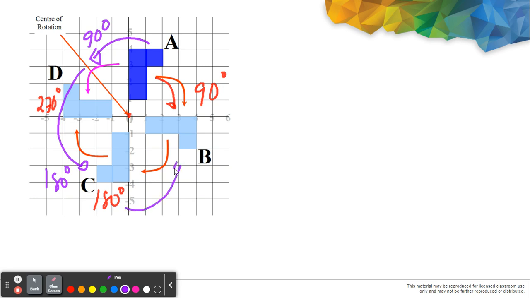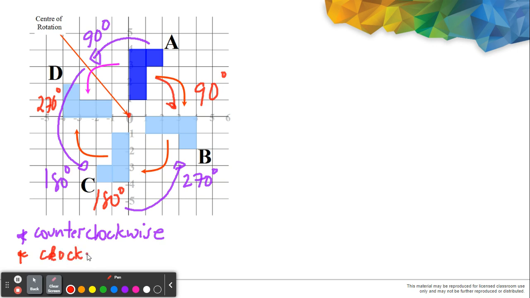And finally, this one is 270 degrees counterclockwise. So with my purple, remember, we have rotated the image counterclockwise, against the way of the clock. And for the red, that is clockwise, just how our clock works.